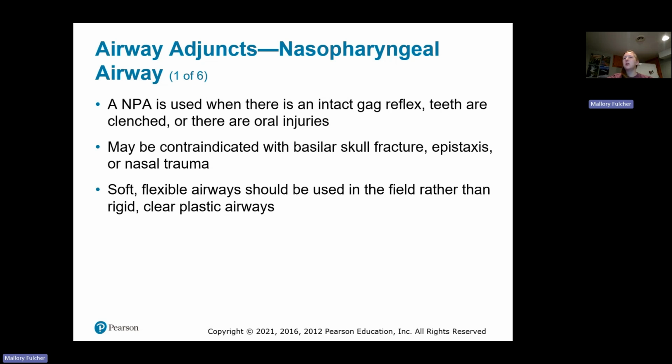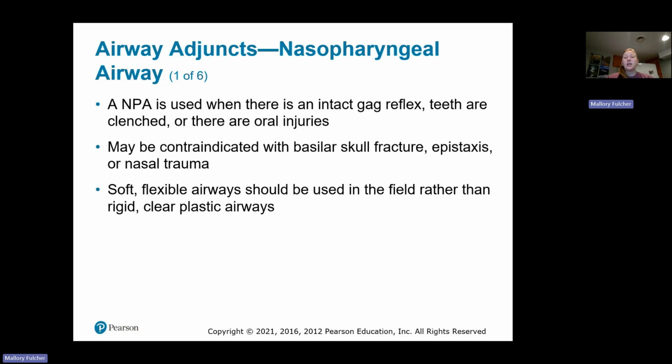Now, the reason I say that a little odd is because there are a lot of studies being done that show that the force needed to get the NPA through a basilar skull fracture and into the brain, which is the major concern there, is way more than is capable with an NPA, right? It's a soft, flexible tube. It's not likely that you would go into the patient's brain with it, even with a basilar skull fracture.